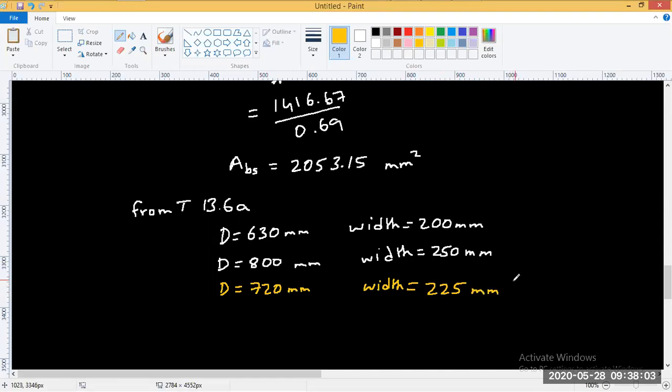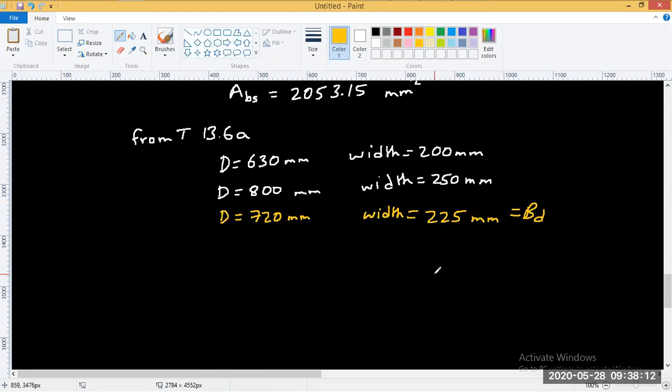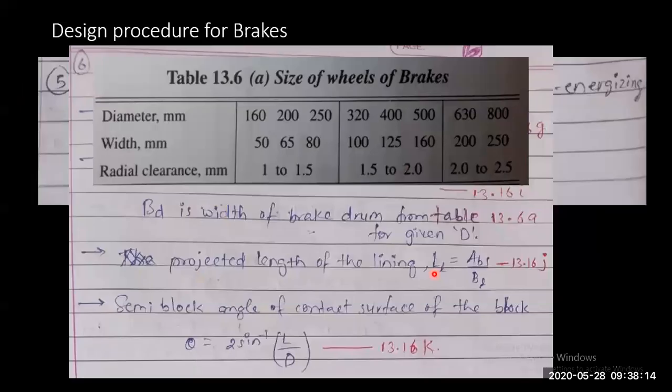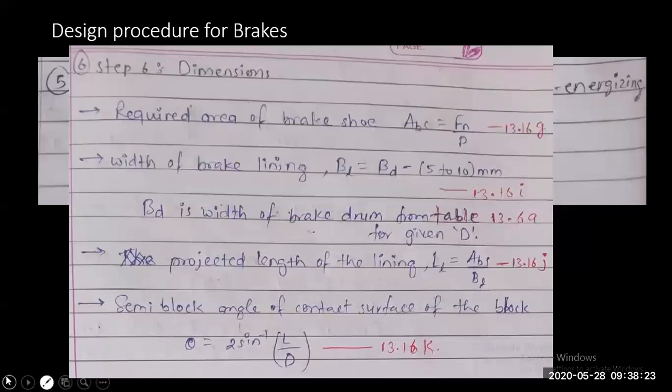This is by interpolation. We'll keep it as BD. So now we got BD. You can find the rest of the equations. Okay, so BD is extracted.